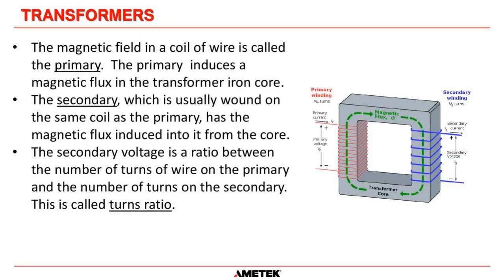The magnetic field in a coil wire is called the primary. It induces a magnetic flux in the iron core. The secondary, which is usually wound on the same coil as the primary, has the magnetic flux induced into it. The secondary voltage is a ratio between the number of turns on the primary and the number of turns on the secondary, and this is called turns ratio.